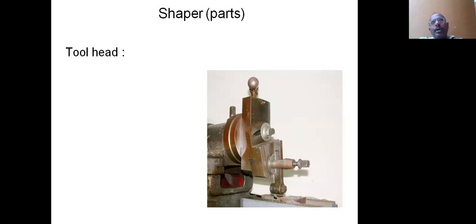So the next one is the tool head. Observe, this particular one is called the tool head. This one, in which the cutting tool is inserted, is called the tool head. The name itself indicates it: tool head is the device which carries the tool.